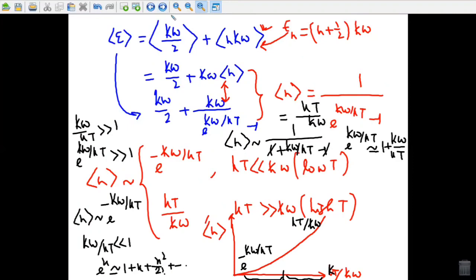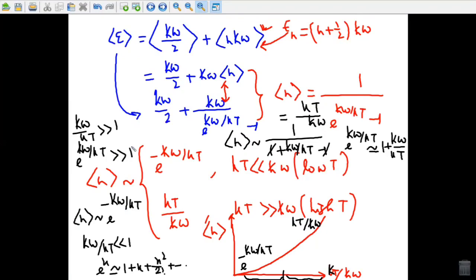At low temperature, h cut omega by kT is far greater than 1, so the exponential e to the power h cut omega by kT is far greater than 1. So average n can take the value e to the power minus h cut omega by kT.